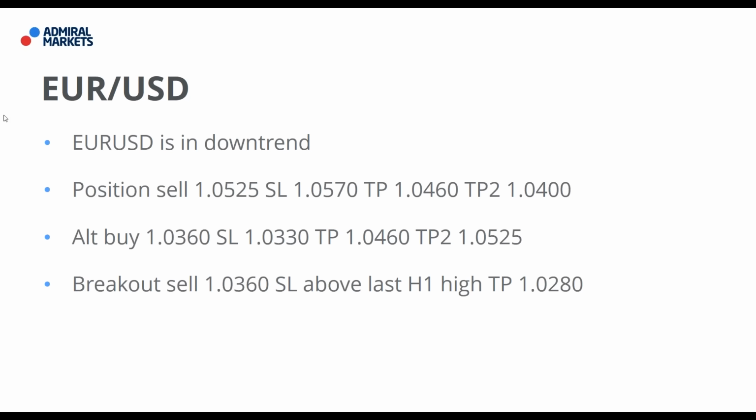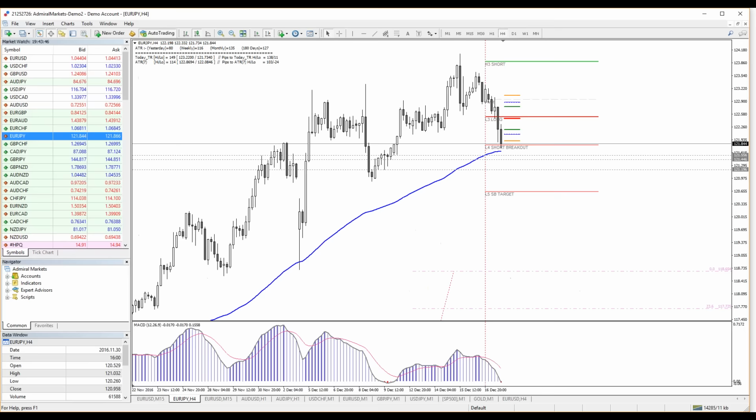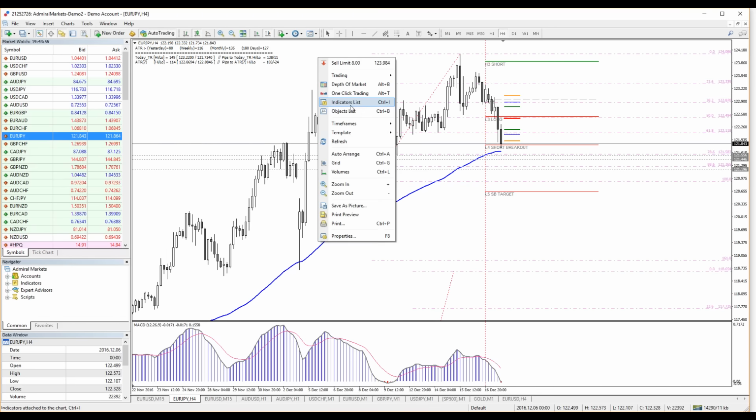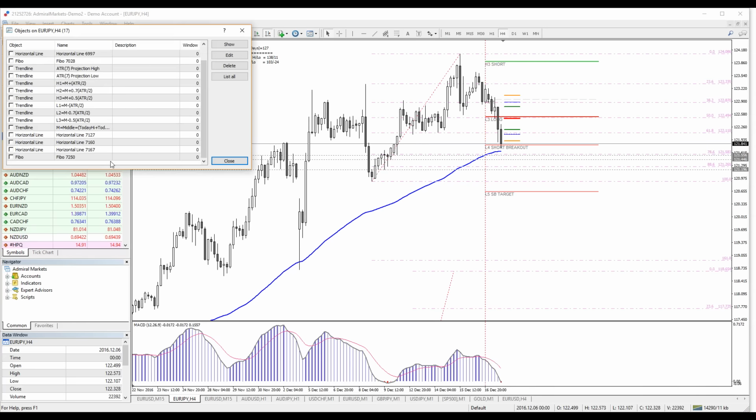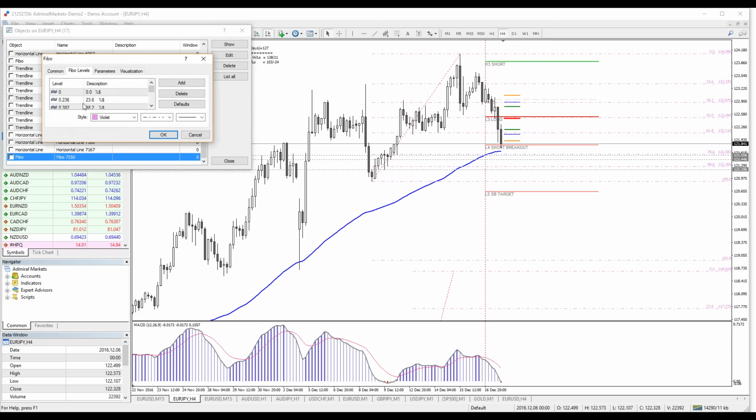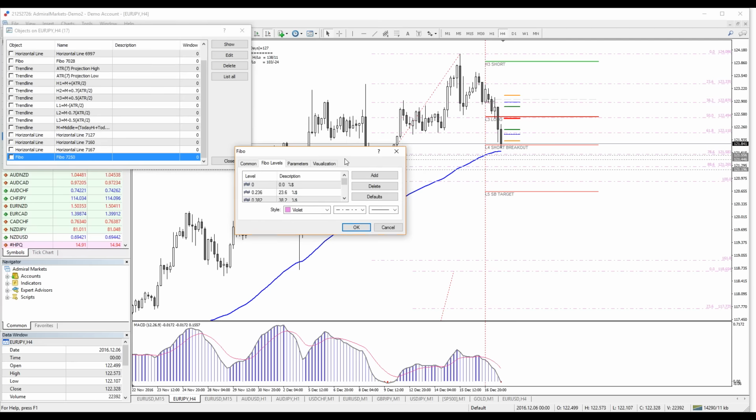Shazad is asking, how do I enter 88.6 on my fib? If you don't have the 88.6 fib, this is how you do it. Follow me. Objects list, Fibo. Here, enter zero. This is everything already. This is built into MT4.